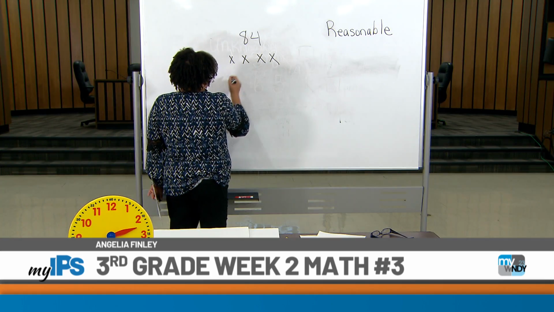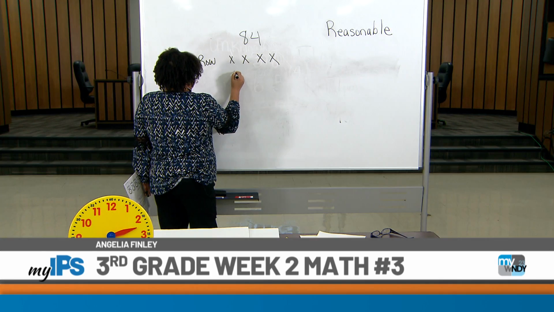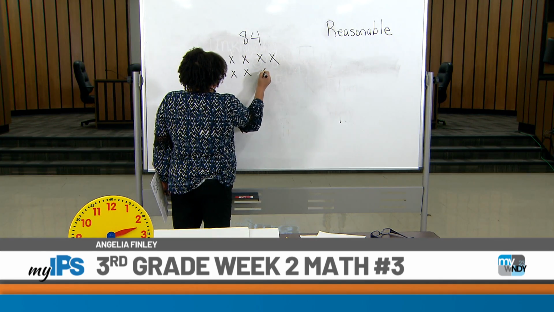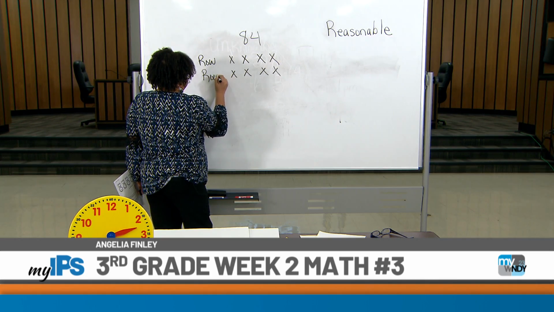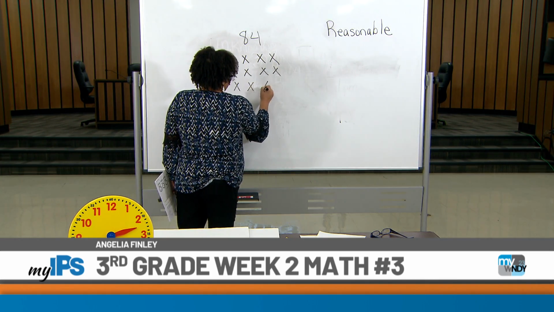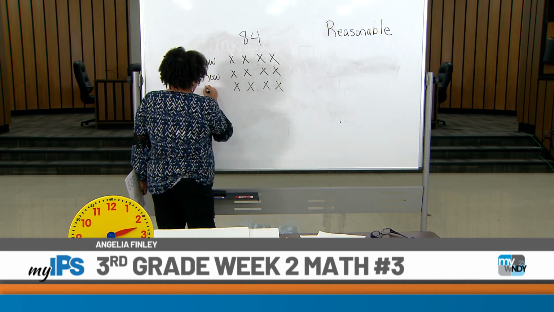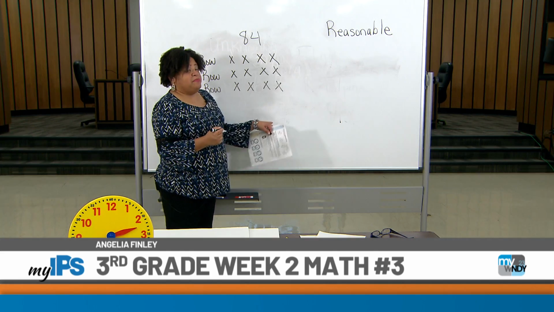I'm going to do another row. 1, 2, 3, 4. There's another row. And I'm going to keep on going until I get to 84. Another row. Well, I don't know about you guys, but this 4 is going to take me a long time.